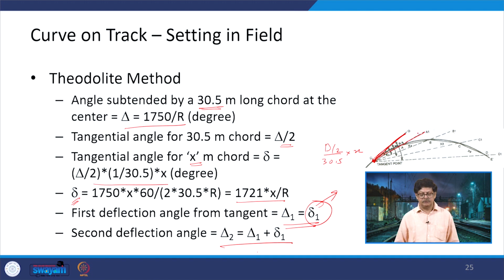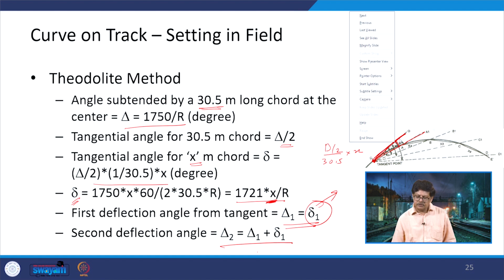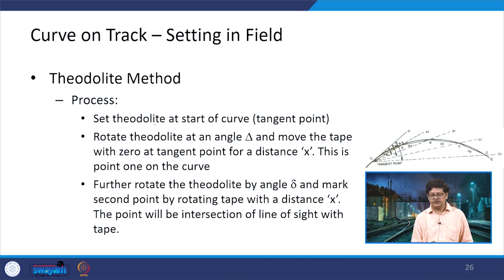Now, on this line, we have already talked about the length x here. So, considering that length, we will swing the rope here on this side, and wherever it cuts the line of sight of the theodolite, we will get the first point. So, set the theodolite at the start of the curve, rotate by an angle delta, and move the tape with 0 at the tangent point for a distance x.